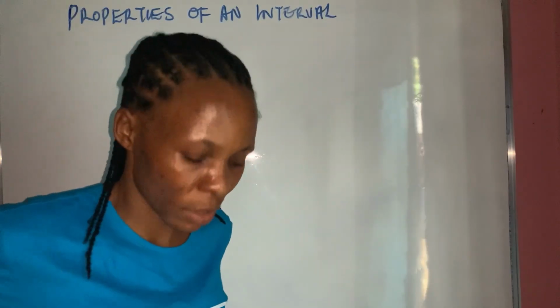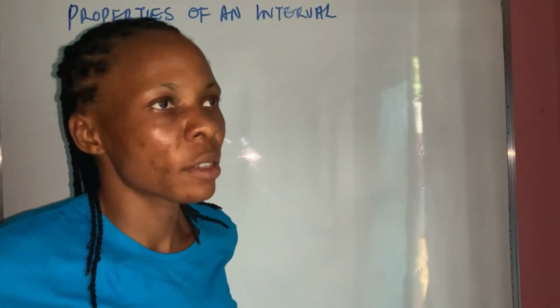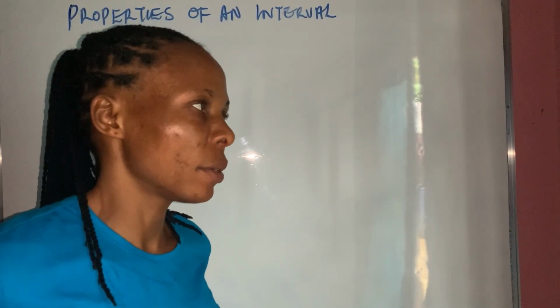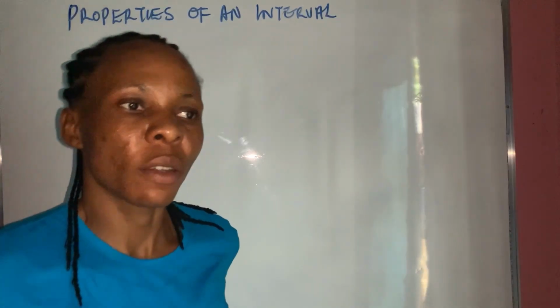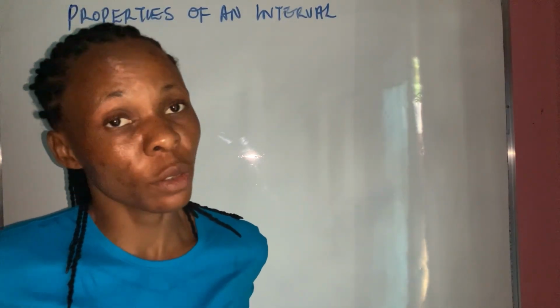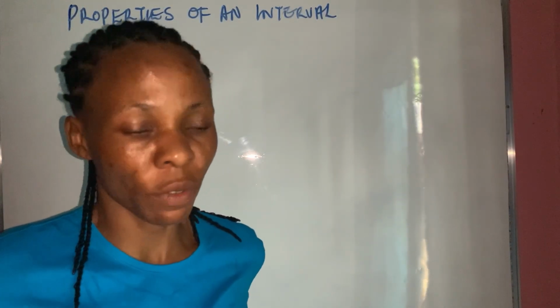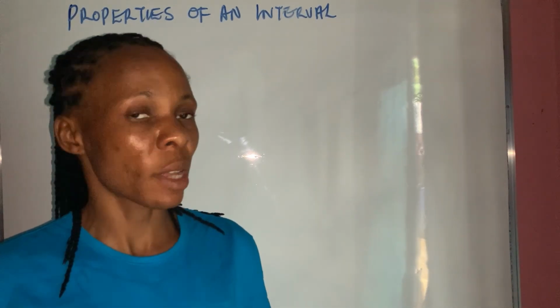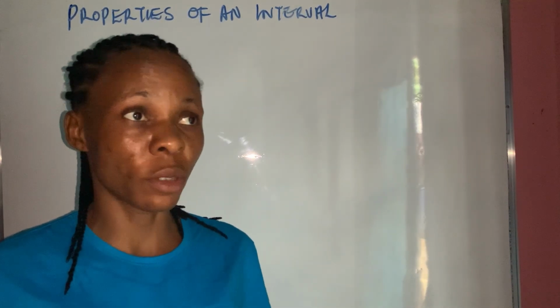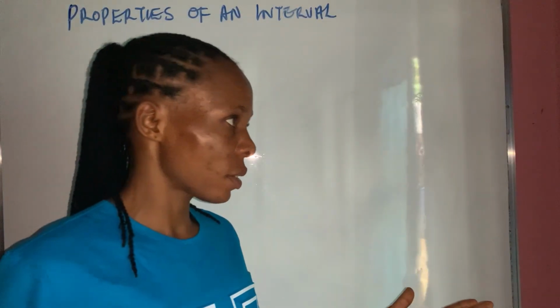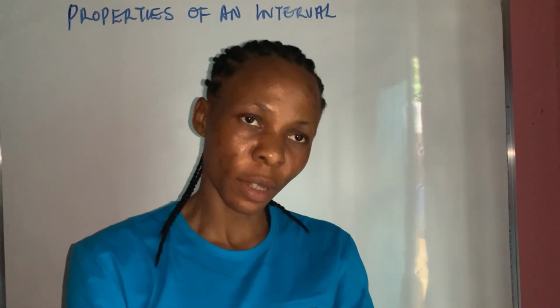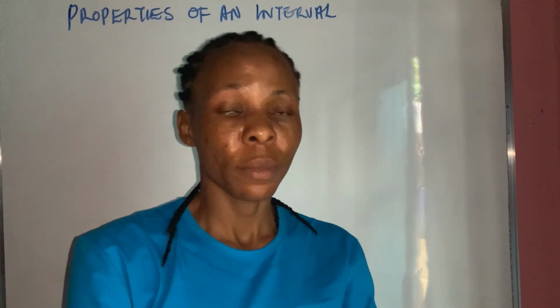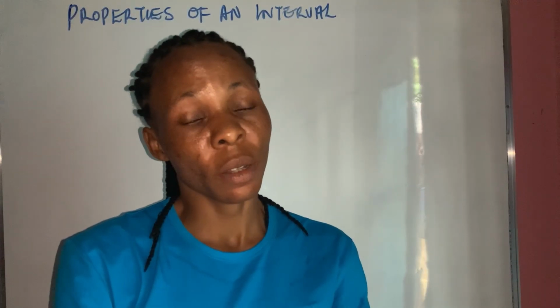Today, we are going to consider what makes an interval a major or a minor. Number one, it has to do with the number of semitones involved. And secondly, it sometimes does not have to do with the number of semitones involved, because, for instance, C to F sharp, that will give me a tritone.